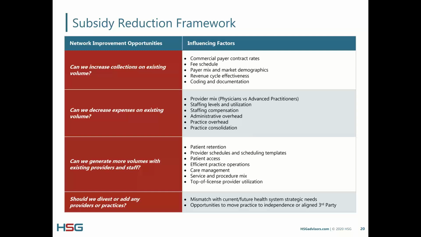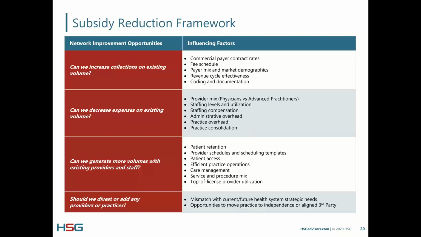The second question is, can we decrease expenses on existing volume, meaning we do no less work, but we are able to decrease expenses on that work, which can sometimes mean we need to look at provider mix, moving our ratio of physicians and advanced practitioners to something that's a little different.